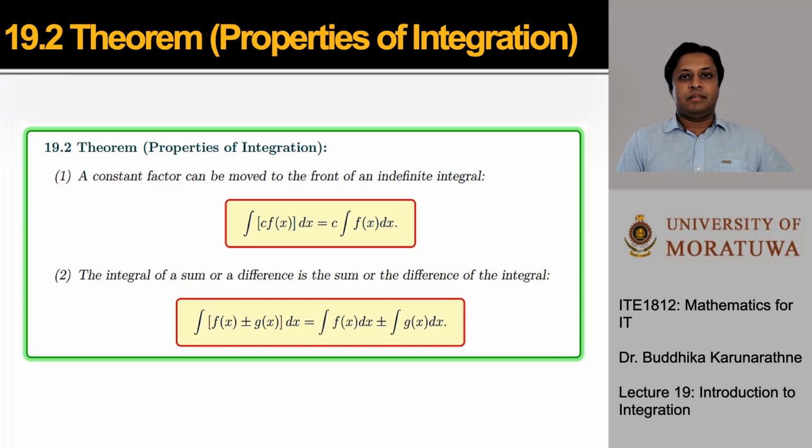So symbolically, you can write that the integral of f(x) plus or minus g(x) is the integral of f(x) dx plus or minus the integral of g(x) dx. So this is straightforward. First we have the constant factor, we can take that in front, and when you have a sum or difference, you can take the sum or the difference of the integrals.